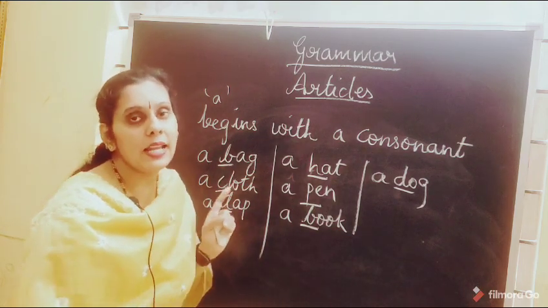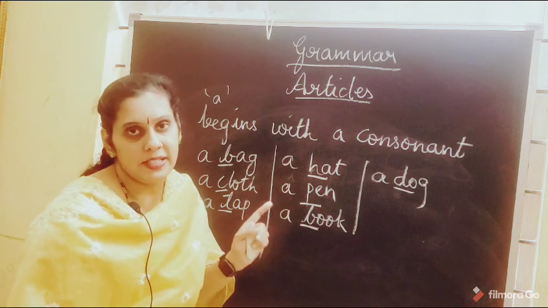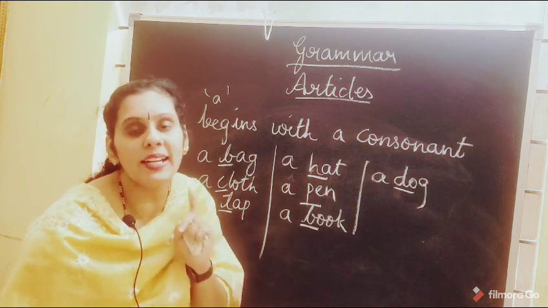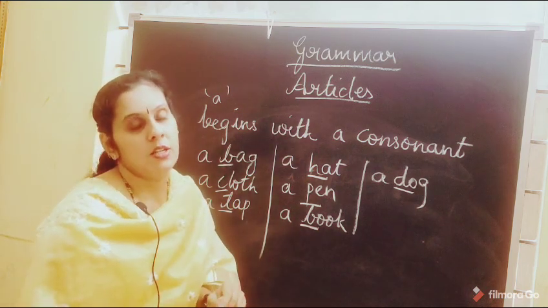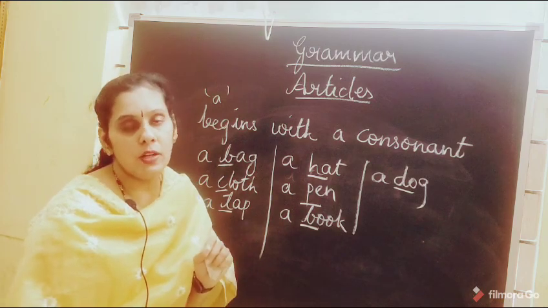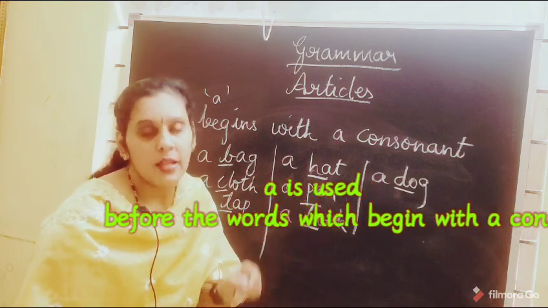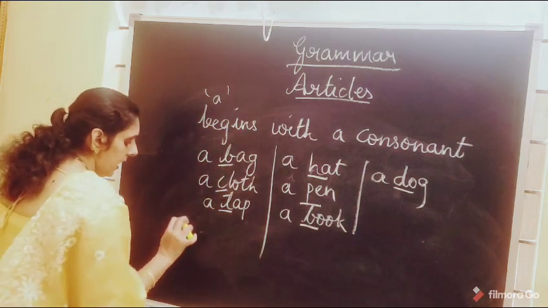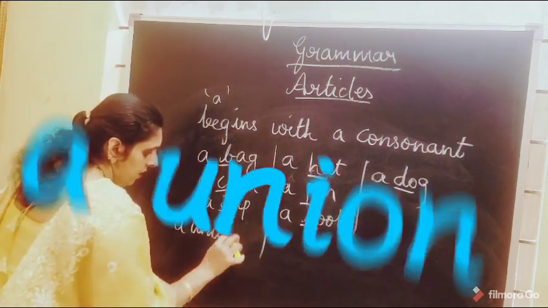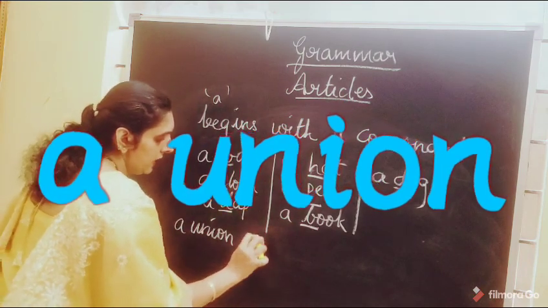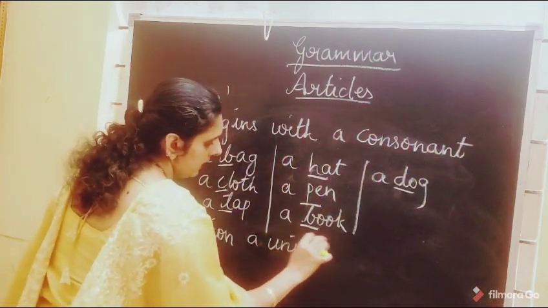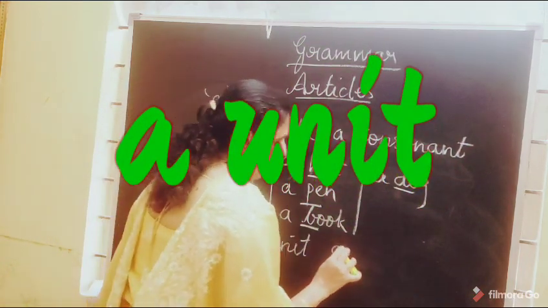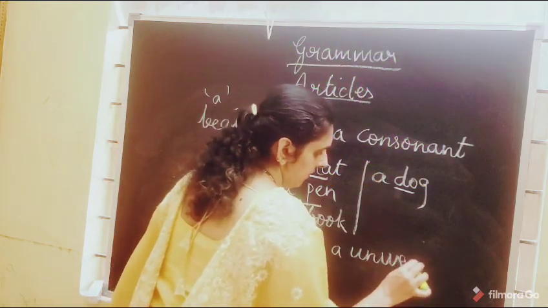The article a is also used with a word which begins with a vowel, but it should give a consonant sound. So even if it begins with a vowel, it should give a consonant sound. Then we can use a, like a union, a unit, a university.